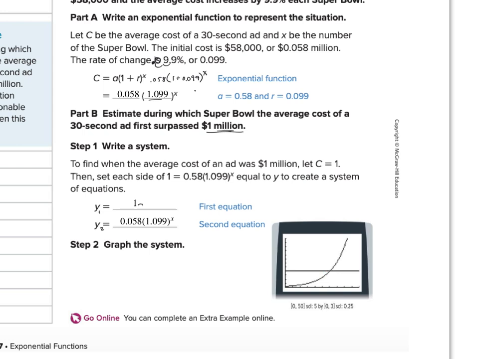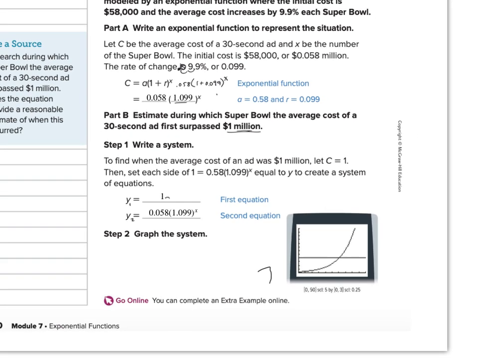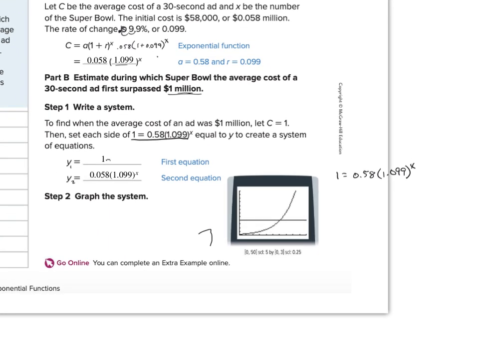That related function would have been, this is what they gave me. So remember, a related function, I have 1 equals 0.058 times 1.099 raised to the x power. You want it equal to 0, so I can subtract 1 from both sides.